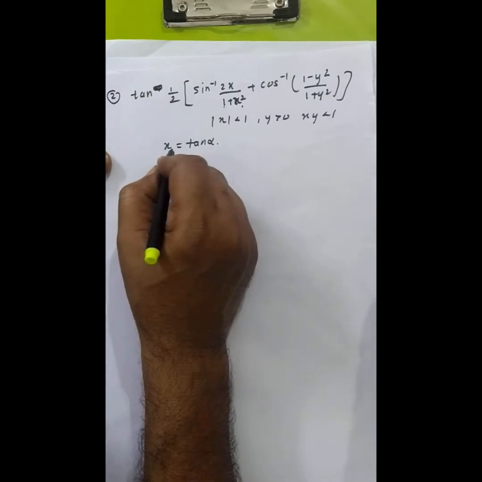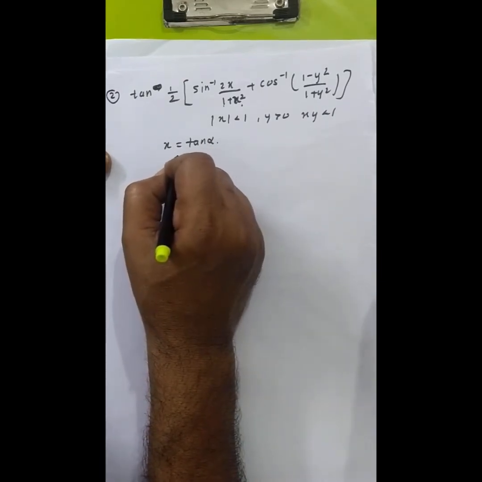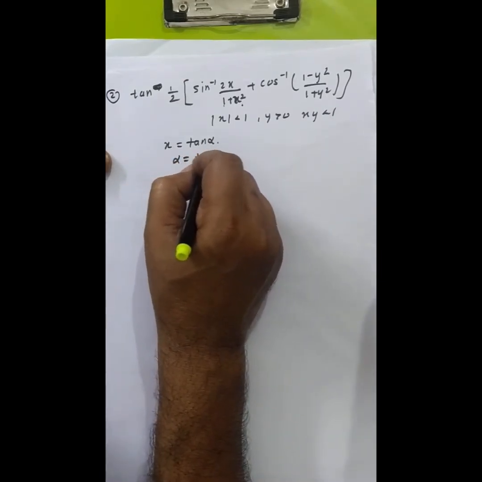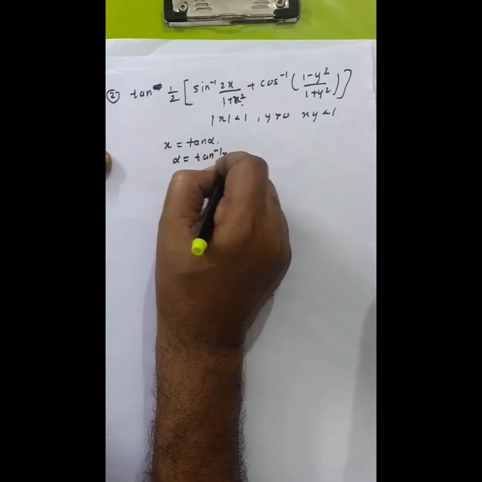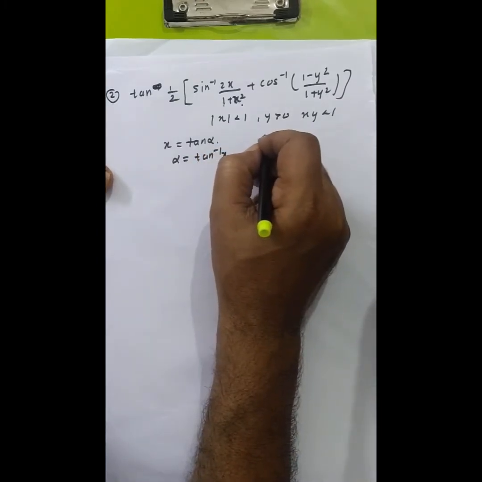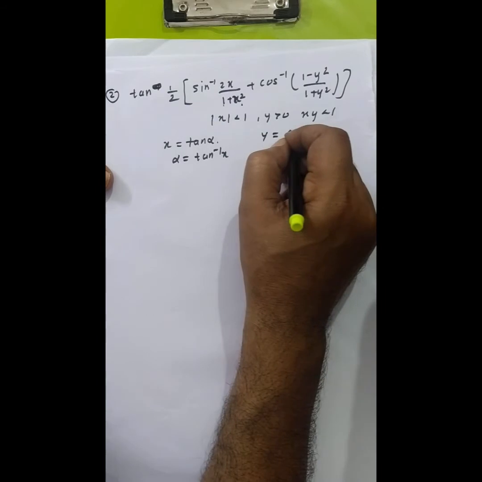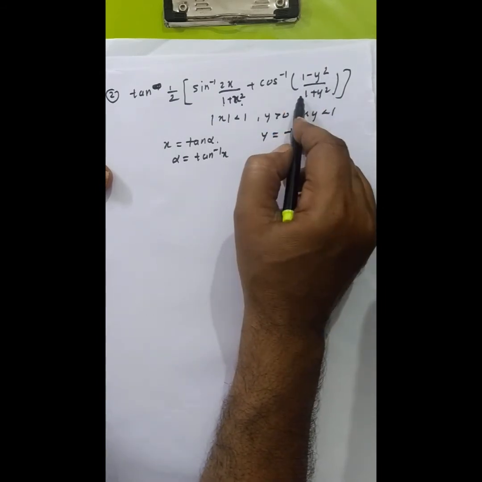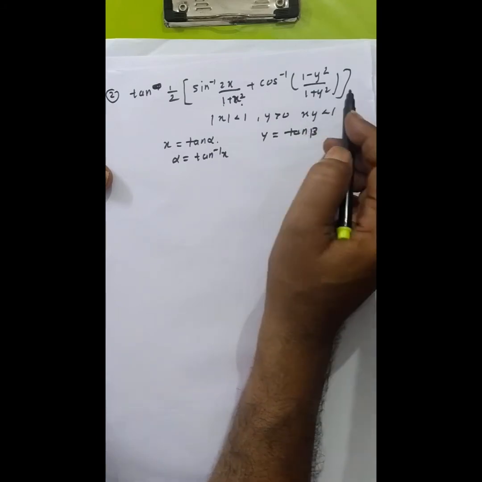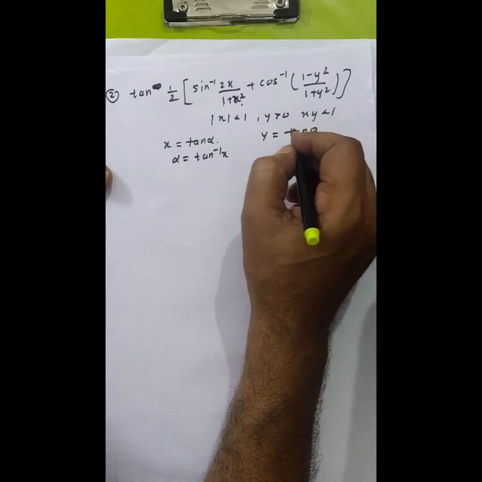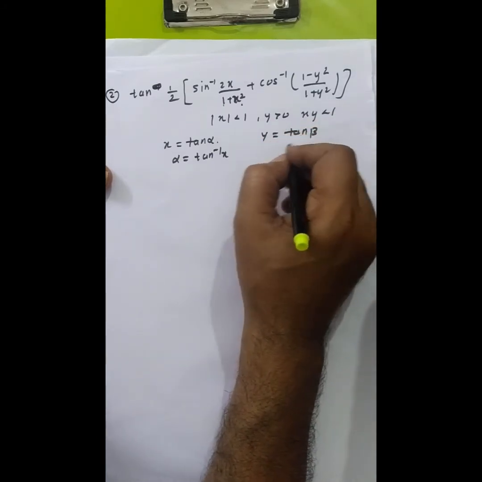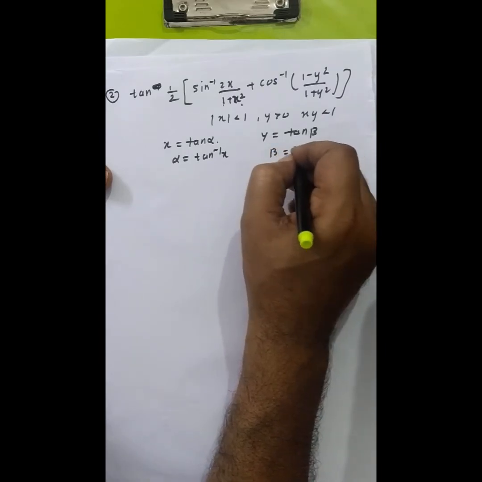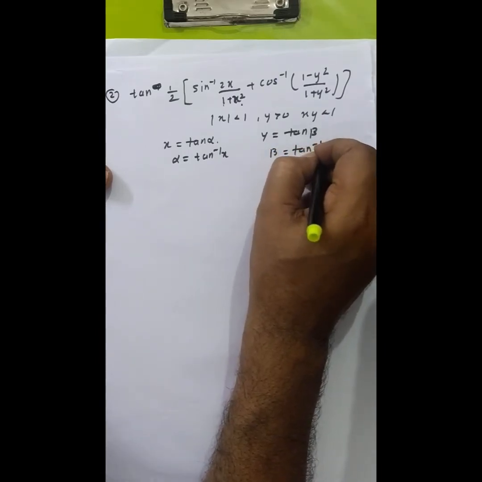And here when I take x is equal to tan alpha, alpha will be tan inverse of x. Similarly for the second, I will take y equals to tan beta. Then this will be 1 minus tan square beta upon 1 plus tan square beta, again the value of cos 2 beta. So y is equal to tan beta, so beta will be tan inverse of y.